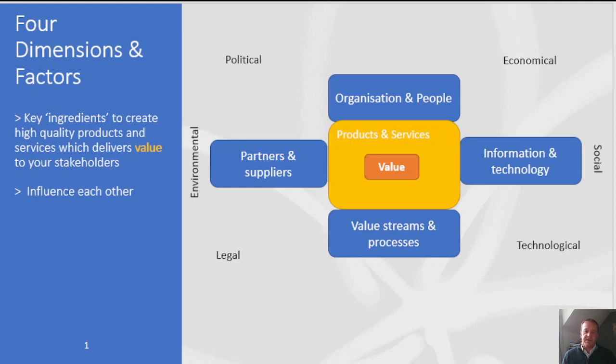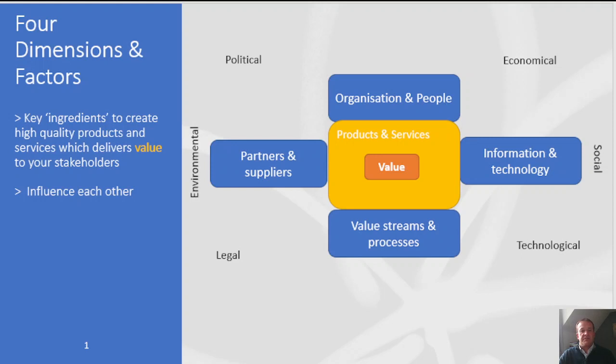So the organisation and people, the information and technology, value streams and processes, and partners and suppliers. The next few slides I'll talk through, and we'll go into a bit more detail on each one of those, but in summary, those are the 4 dimensions and the various factors that impact those dimensions.